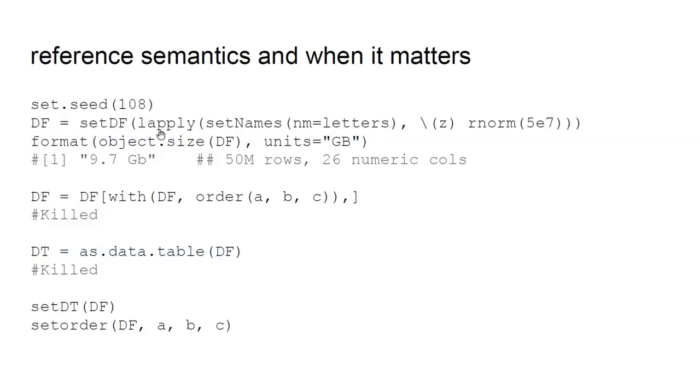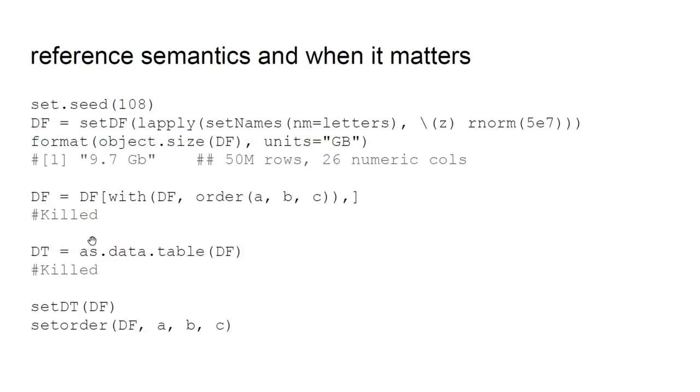So when it matters, here is example that we have 50 million rows, 26 numeric columns, and it's almost 10 gigabyte just data frame. If we want to sort it by 3 columns, data frame will get killed.